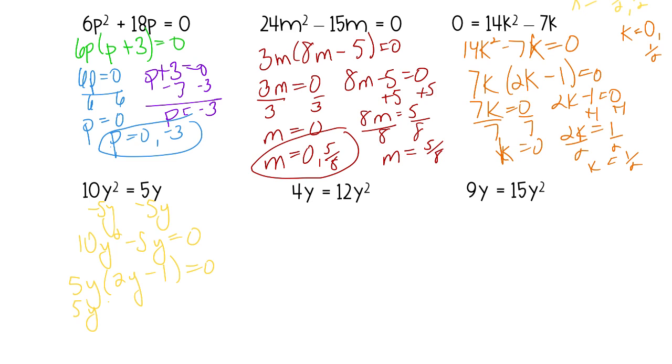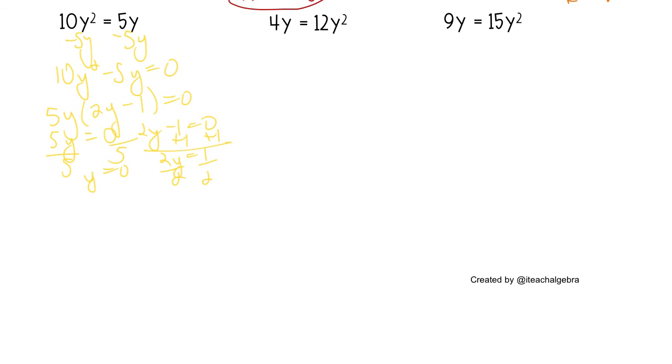Set each part equal to 0. Divide. That means y is 0. This is looking familiar. It means 2y is 1. Let me move my work up here. It means y is 1/2. So y is 0 and 1/2.